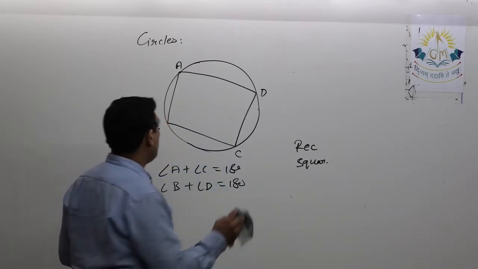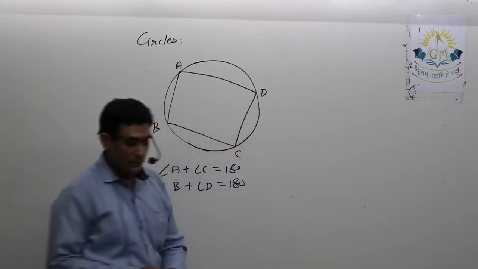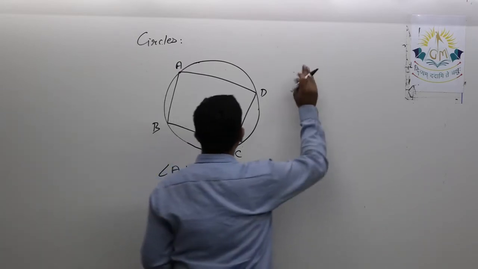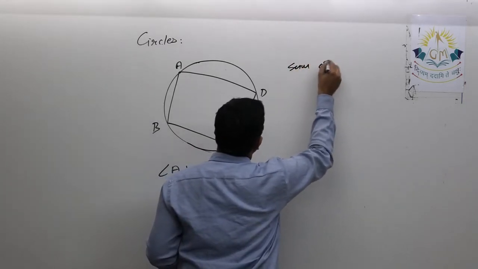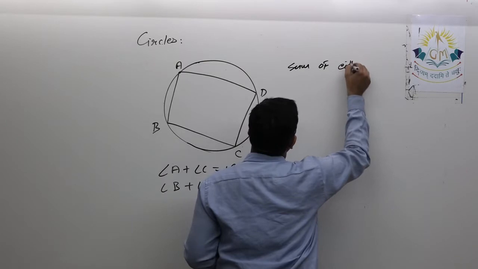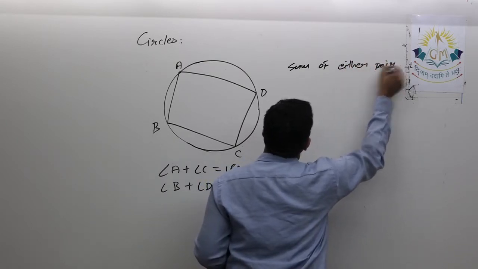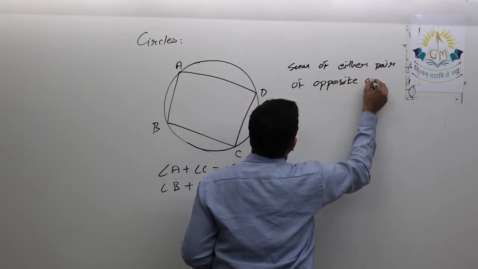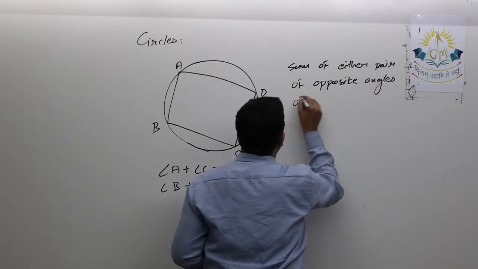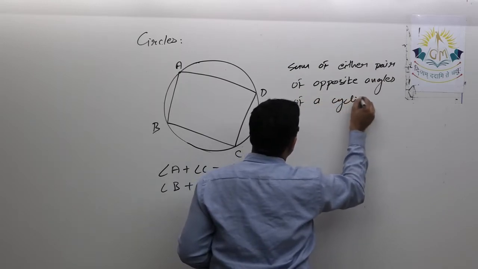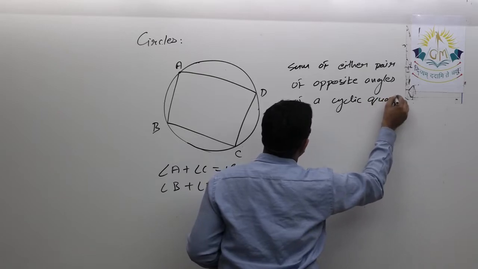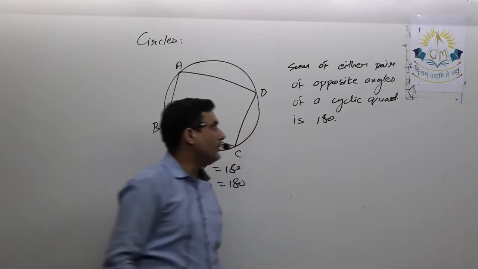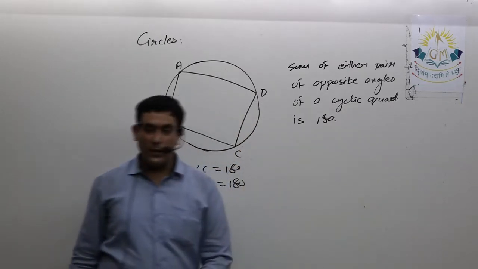Okay, so these two theorems were related to cyclic quadrilateral. Sum of either pair of opposite angles of a cyclic quadrilateral is 180 degree, or in other words we can say opposite angles of a cyclic quadrilateral are supplementary.